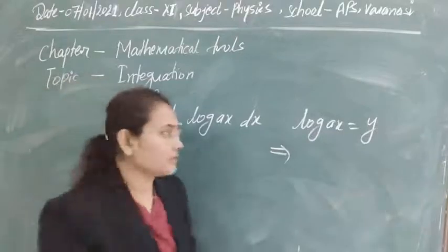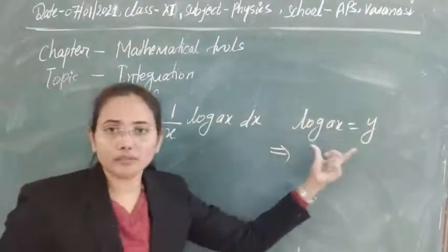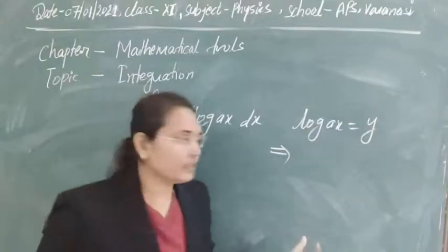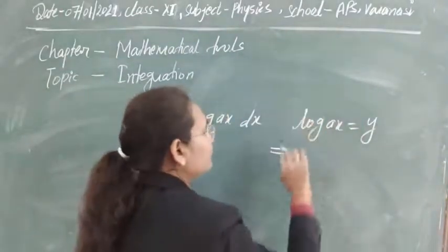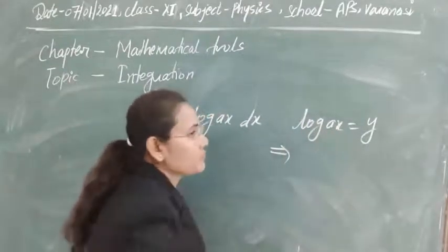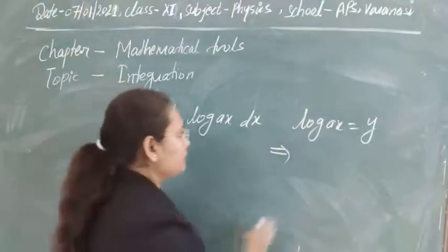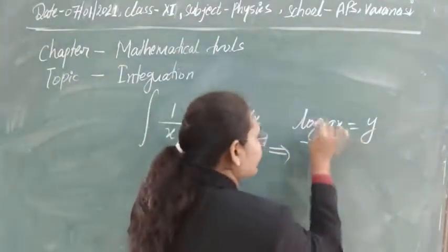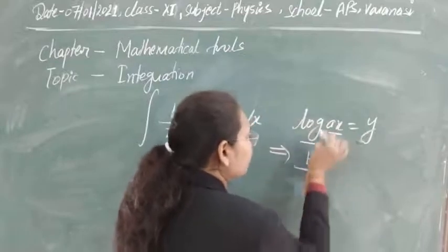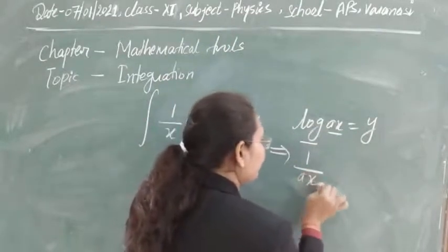For the conversion, differentiate the whole equation on both sides with respect to x. After differentiation, log ax, its differentiation will be, first of all, the differentiation of log, that is 1 upon ax.